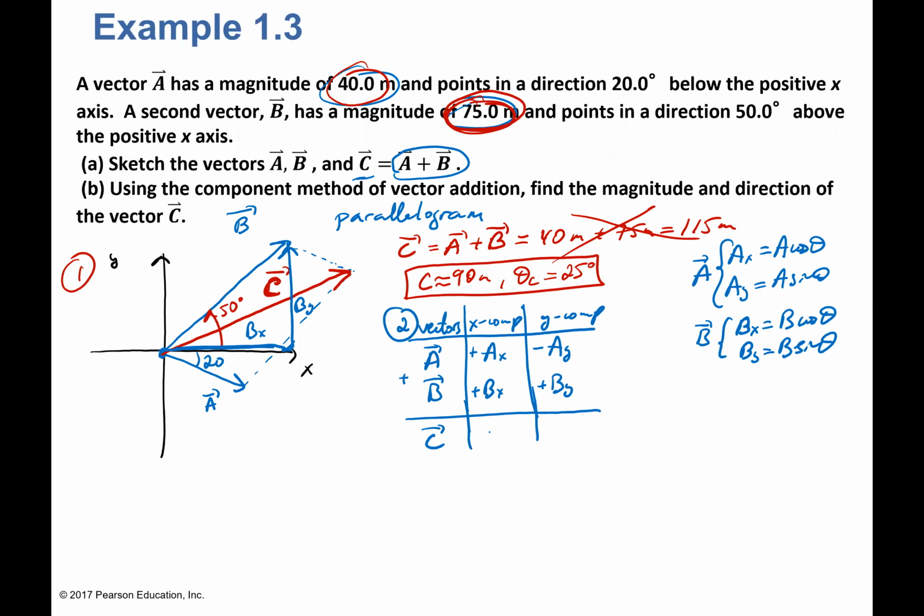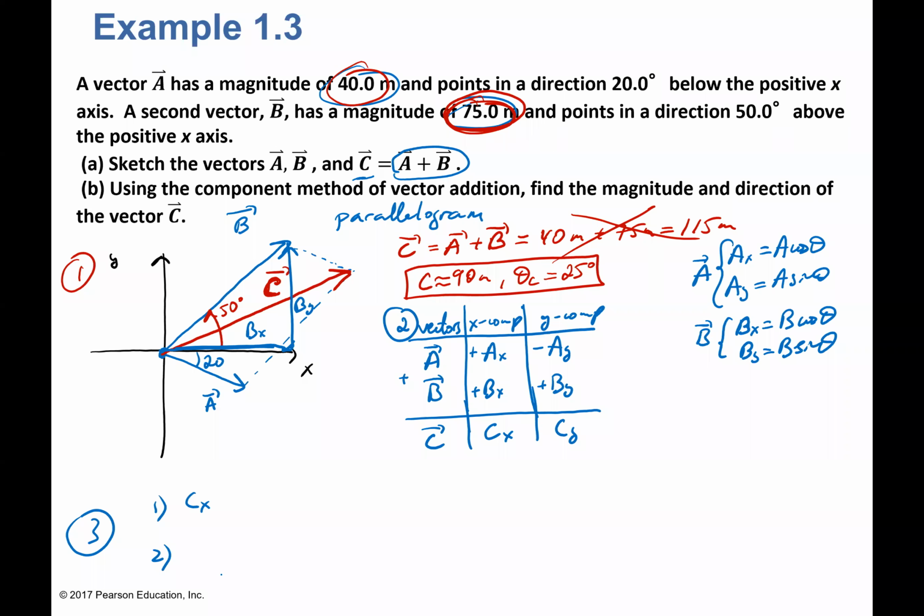And what I'm getting here is basically the x component of vector C, if I add those together. And that's my step 2, to make the table. This is known as a vector table, and this is going to be the best way to approach a problem like this. Step 1, diagram. Step 2, the table. Then step 3 will be to find two equations.